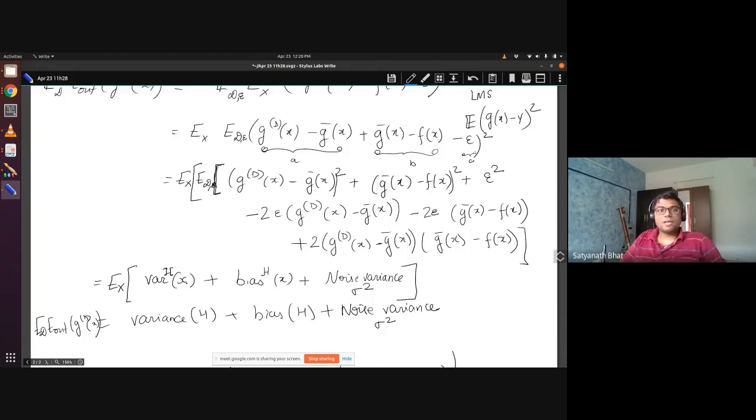You can call it just variance of X, but then you will think X is a random variable and you're taking the variance of that. Instead, we are saying the bag is what changes this term. For a particular bag you will have one variance, for a different bag you'll have another variance. You will see an example and then it will get much better.